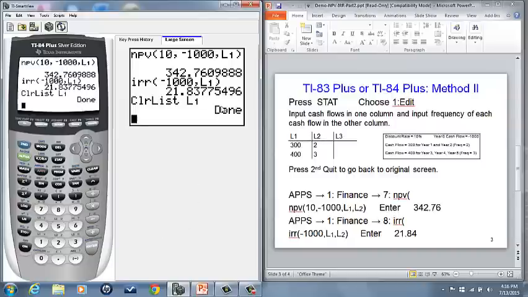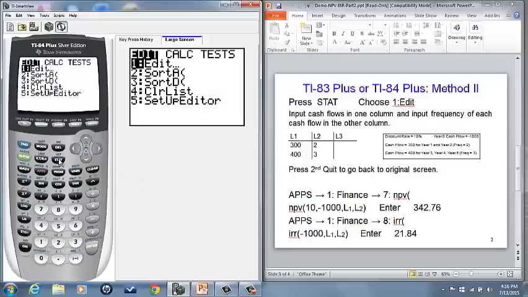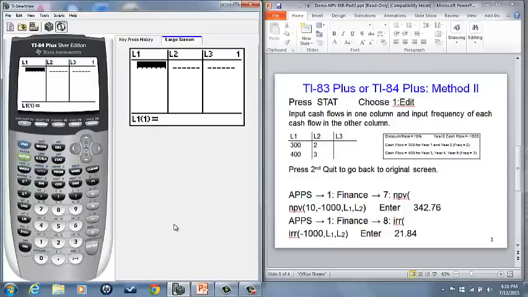When we see Done, it means the L1 list data have been cleared. Then we press STAT and choose number 1, Edit. This time we input the cash flows in the L1 list and the frequency of each cash flow in the L2 list.